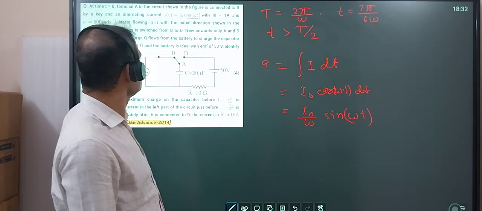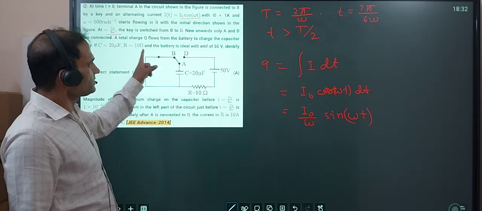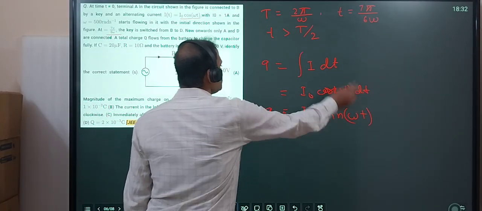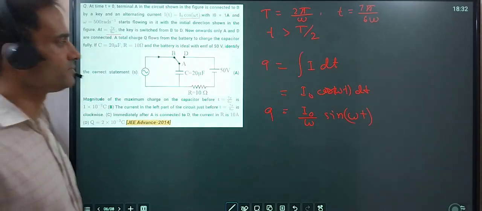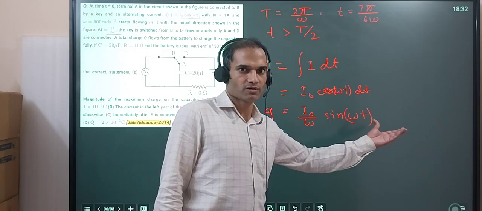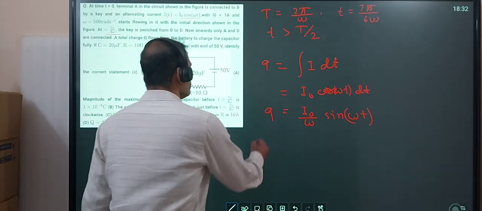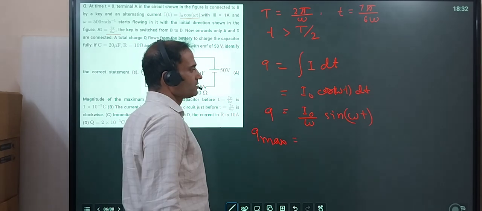So basically, actually the current, okay, yes, this Q will get maximum at T by 4. Okay, so basically we can find where Q max will occur.